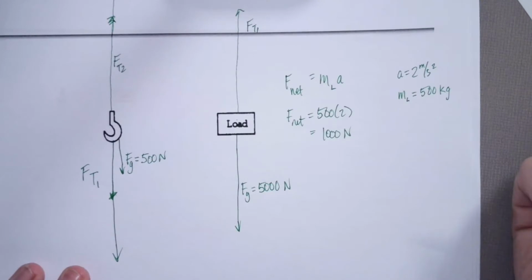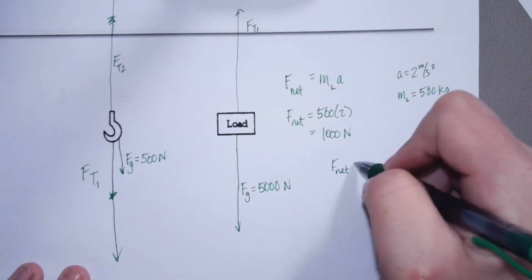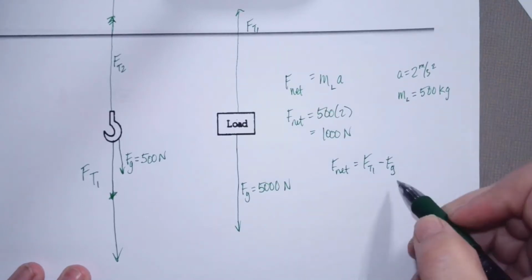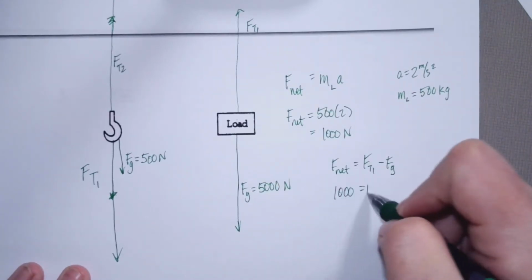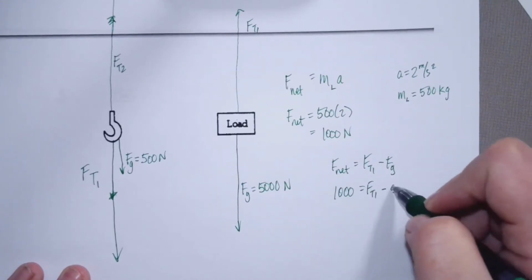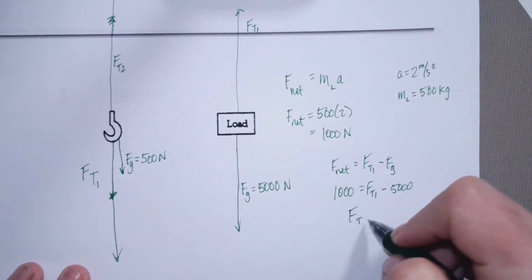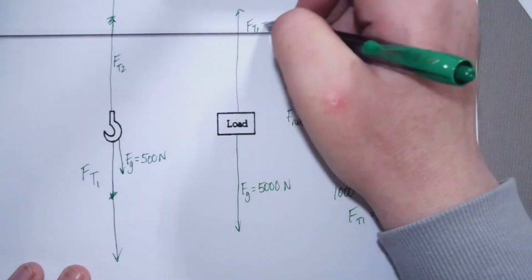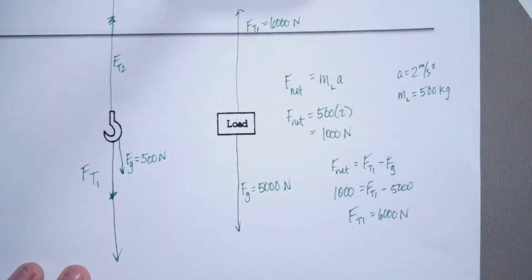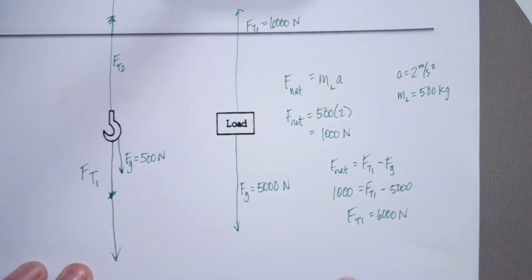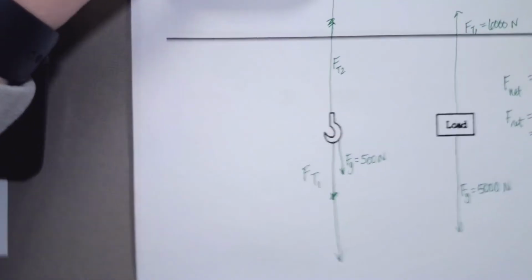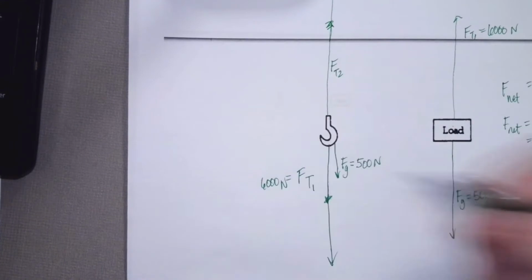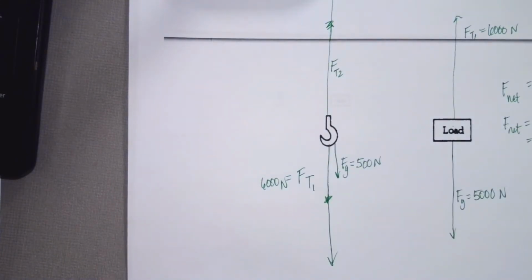My net force is Fnet equals FT1 minus Fg. We know Fg is 5,000, so 1,000 equals FT1 minus 5,000. So FT1 is going to be 6,000 newtons. Then we move on over here, and I'll put that 6,000 newtons in that free body diagram as well.